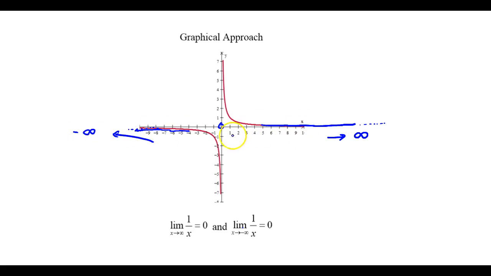So when we're considering limits at infinity, we're considering what happens at the ends of the function, and we're really thinking about horizontal asymptotes. Notice that the horizontal asymptote was y equals 0, and each of these limits ended up giving us a result of 0. Just keep that in mind as we move forward.